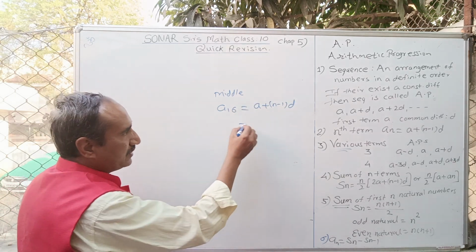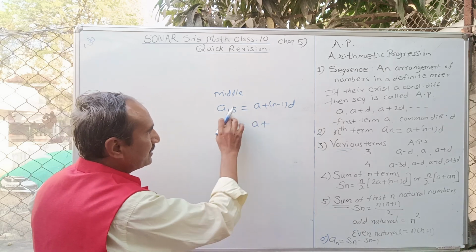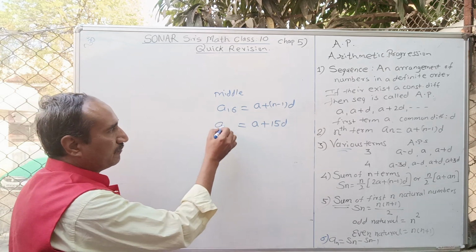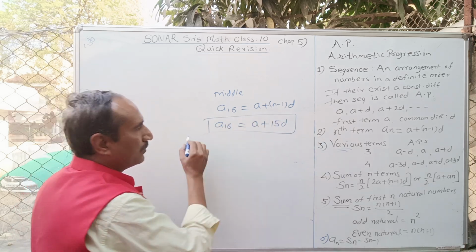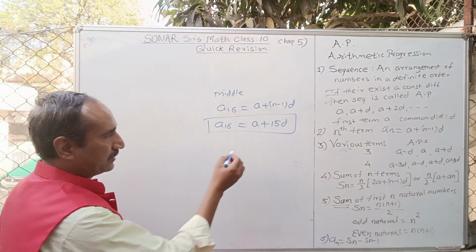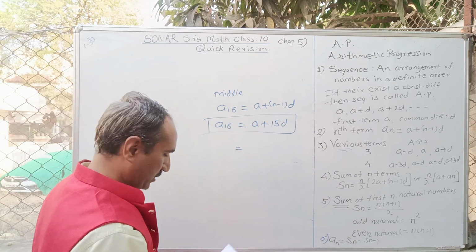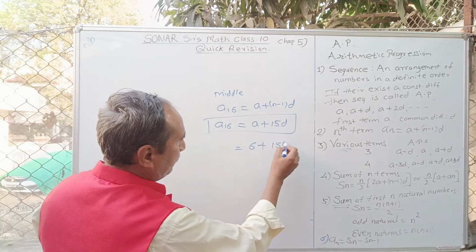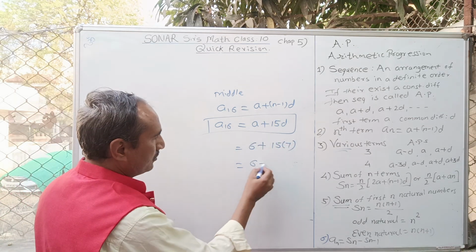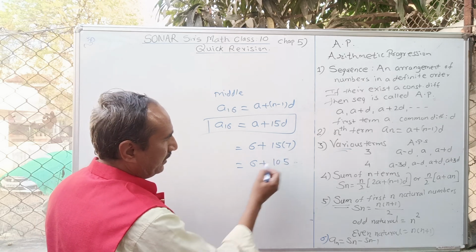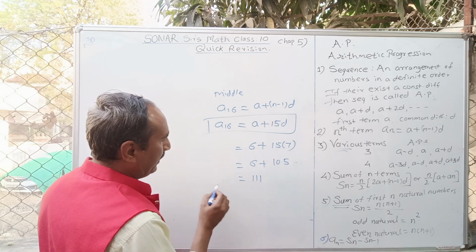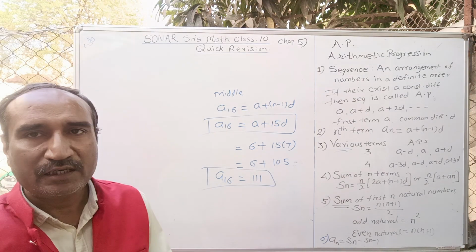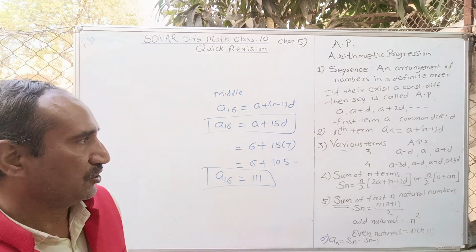Here n is 16 minus 1, so we write directly a plus 15d whenever there is a 16th term. So reduce by 1 and we get the answer. The first term is here 6, 15 and the difference is 7, so 105, that is 105 plus 6, 111. So this is the middle term of the given sequence.